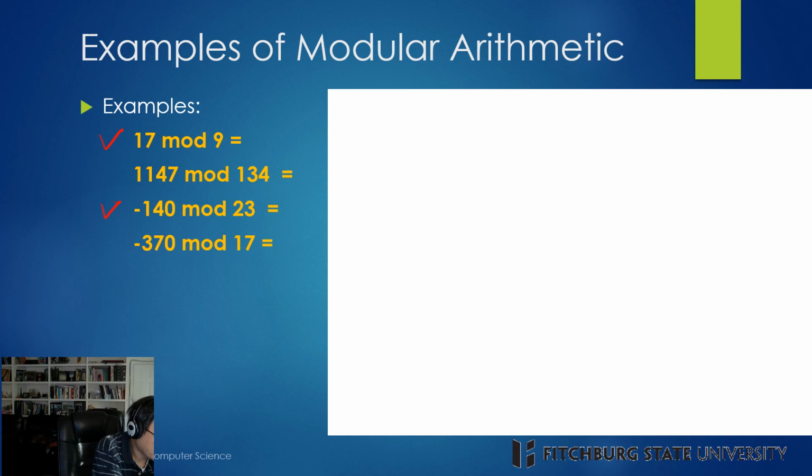So let's find 17 mod 9. In order to do this, we can do the division, right? We divide 17 by 9 and put 1 as the quotient.